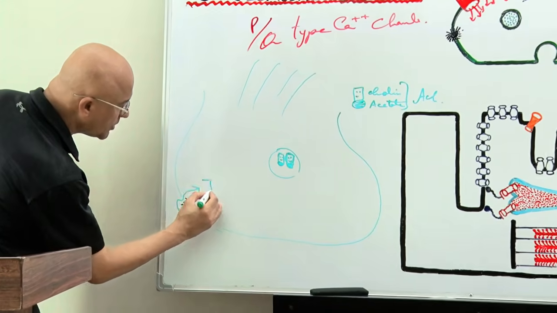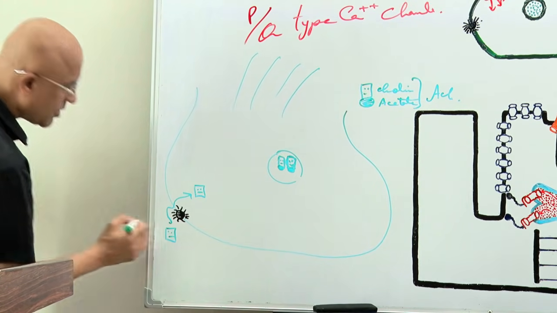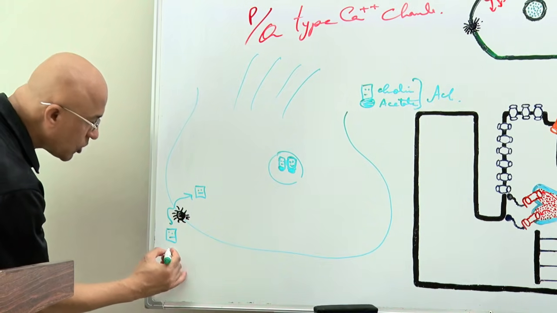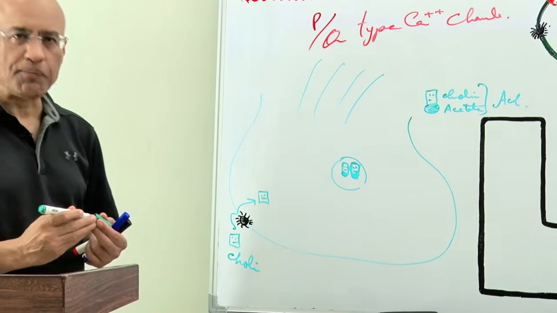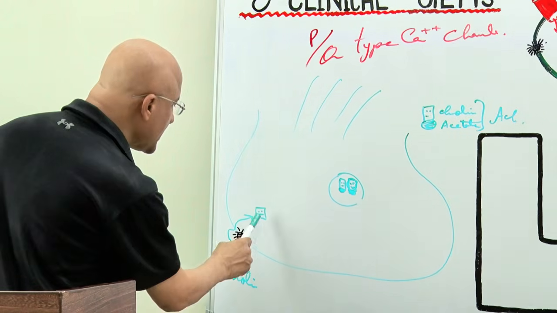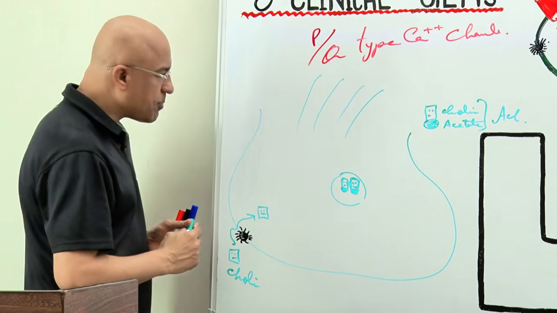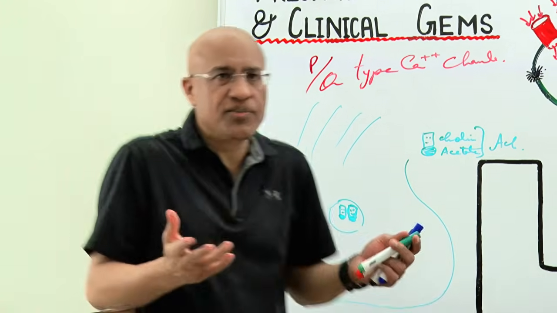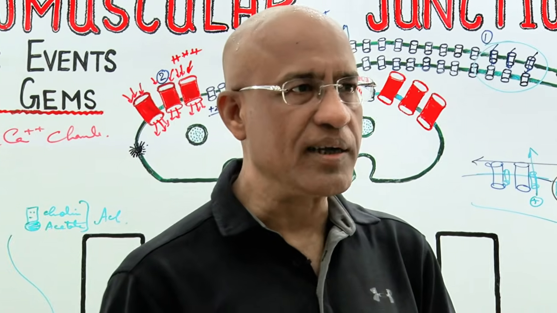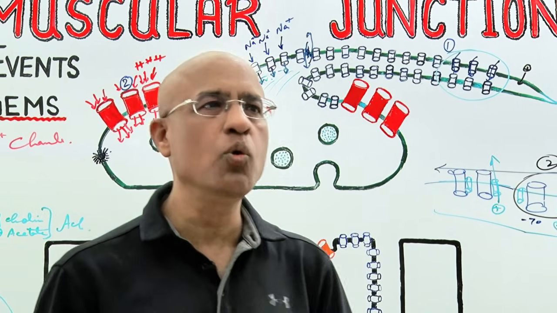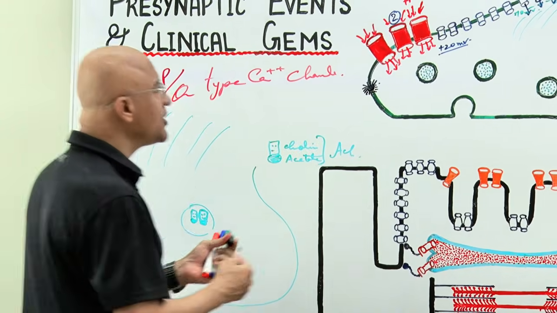So choline comes here. This is the choline, right? What is this transporter called? Choline transporter type 1. Now once choline comes in, what happens? Now we have to find acetate from somewhere. Luckily, this nerve ending has its own acetyl-CoA. Why? Because it has mitochondria.